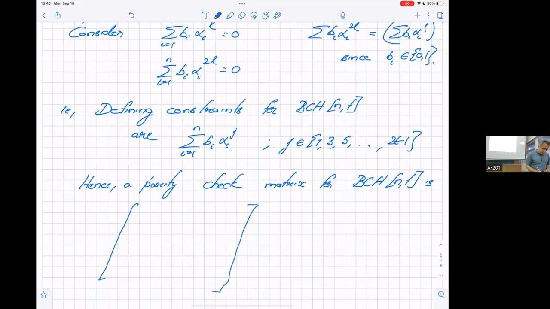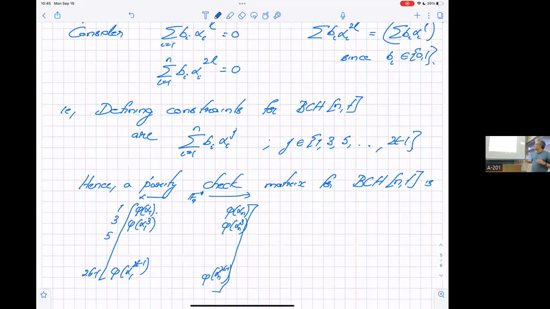As before, we have F_q star sitting here, and here we have the odd monomials 1, 3, 5, all the way up to 2t minus 1. We put in phi of alpha_1 to phi of alpha_n, phi of alpha_1 cubed, phi of alpha_n cubed, up to alpha_1 to the power 2t minus 1. So this is a parity check matrix.